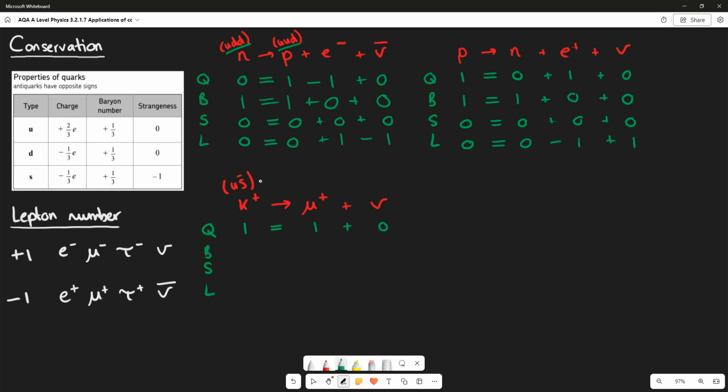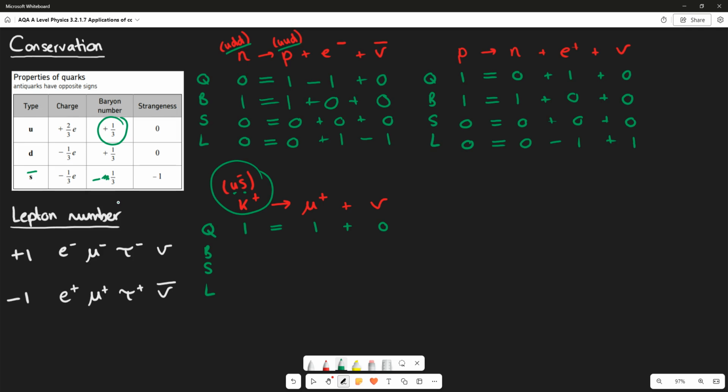Baryon number. This positive kaon has a quark and an anti-quark. It doesn't have 3 quarks. It's not a baryon. It's actually a meson because it's composed of a quark and an anti-quark. So what we can see is that the up has a baryon number of +1/3, and then the anti-strange would have a baryon number of -1/3, which cancels down to 0.